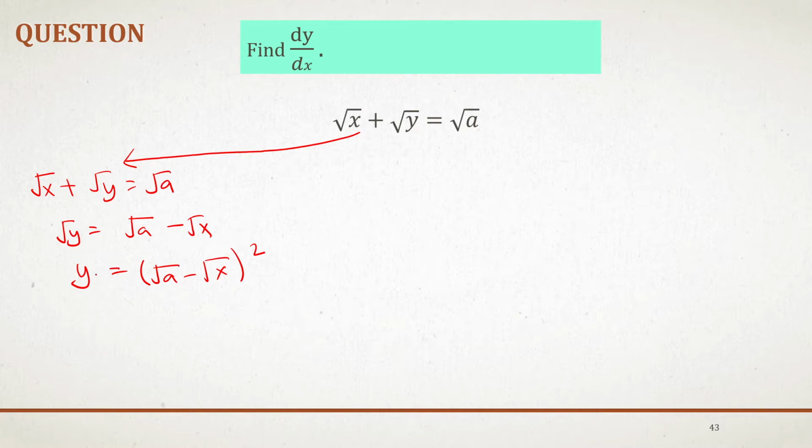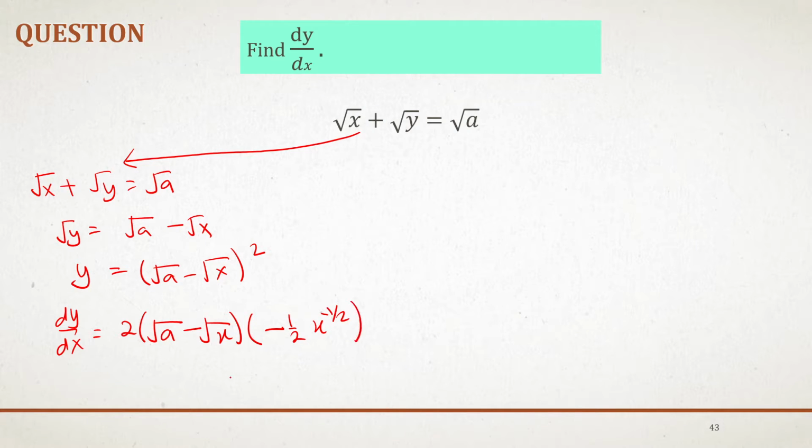And over here, dy/dx equals 2, bring this one down, and then root a minus root x. After that, you differentiate root a, which is 0. Differentiating this one is actually minus 1 over 2 x to the minus 1 over 2. So since this one can cancel, I will have 1 over root x times root a minus root x.